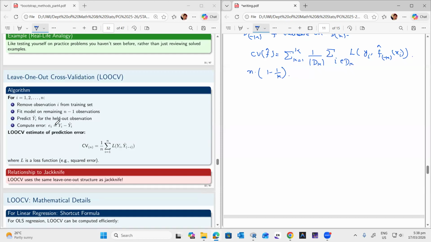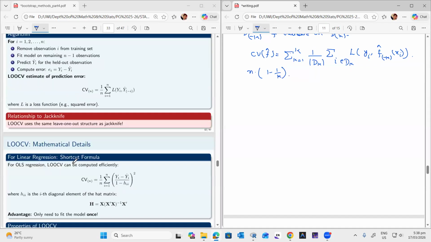And then find the LOOCV estimate of the prediction error, that will be 1 upon n summation i goes from 1 to n of L(yi, y cap minus i), where L is the loss function. Generally we are taking the squared error loss function here, where we assume that underestimation and overestimation are equally serious. All right. So relationship to the jackknife: LOOCV uses the same leave one out structure as the jackknife method that we discussed in the beginning of this lecture.